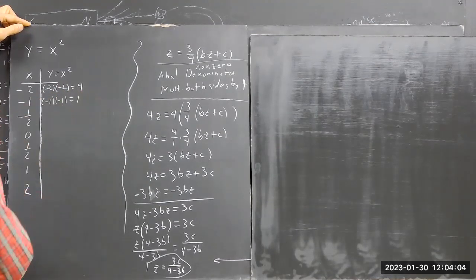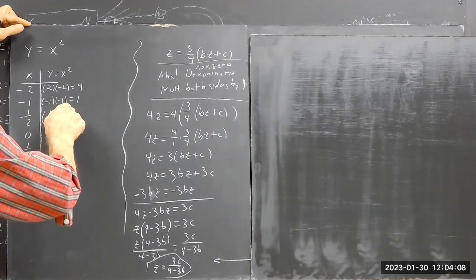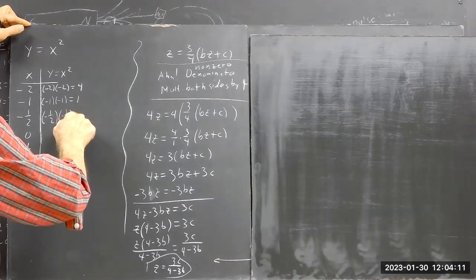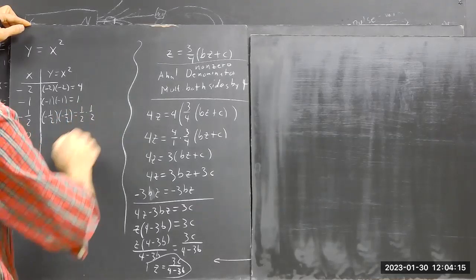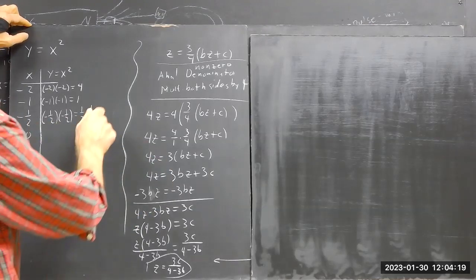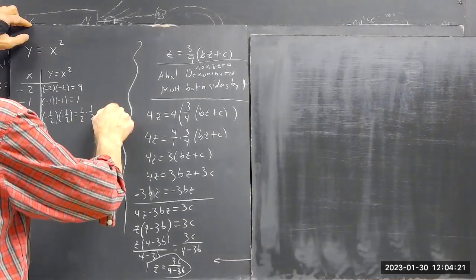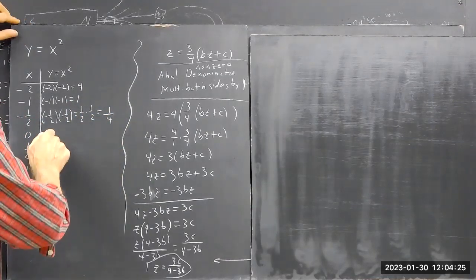Well, clearly that's 1. And -1/2 times -1/2. That's the same as 1/2 times 1/2, since we have the 2 negatives, we don't need to write the negative. And then we multiply the numerators to get 1, and we multiply the denominators to get 4.